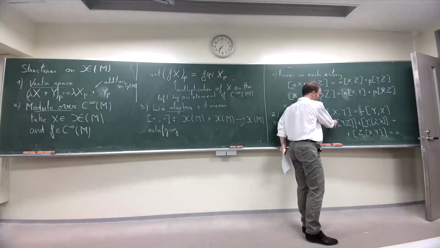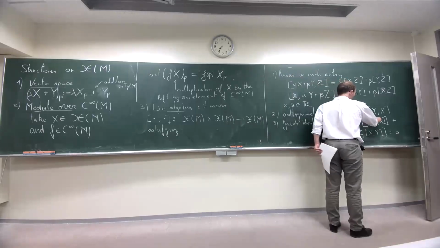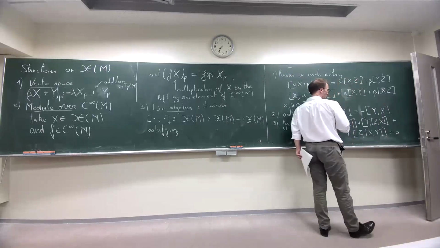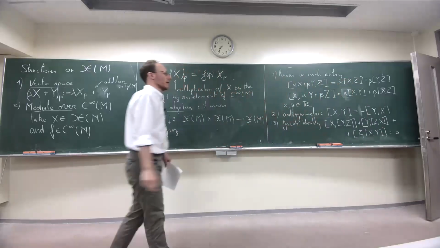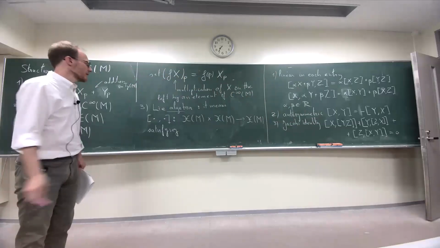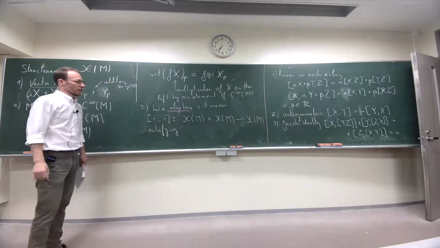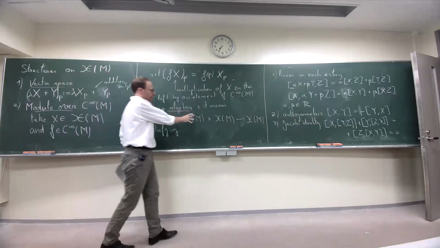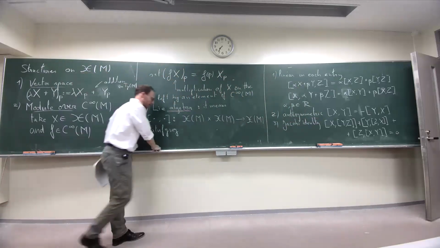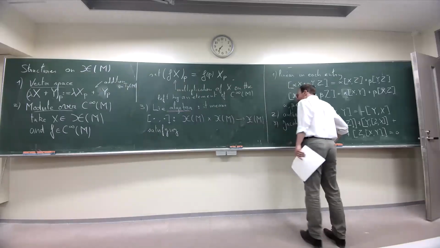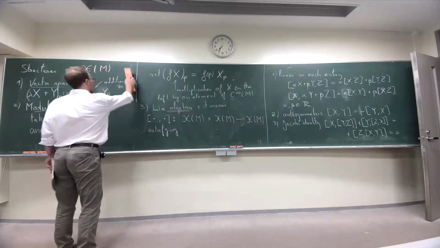Observe it's always X, Y, Z. You keep the order X, Y, Z, then it is Y, Z, and you start again with X, and the last one is Z, X, Y. So you keep the ordering like this, and it makes 0. So this is the structure of a Lie algebra, which appears at several places. It's a map taking two elements and sending them to a third one, satisfying these three things.